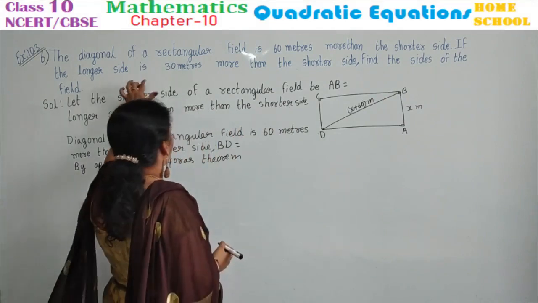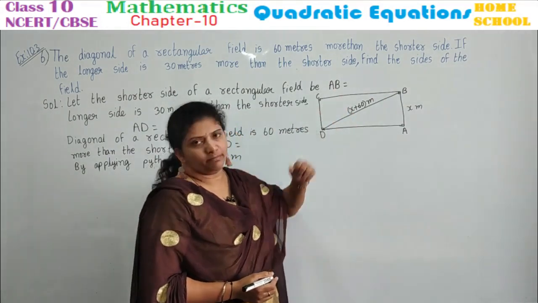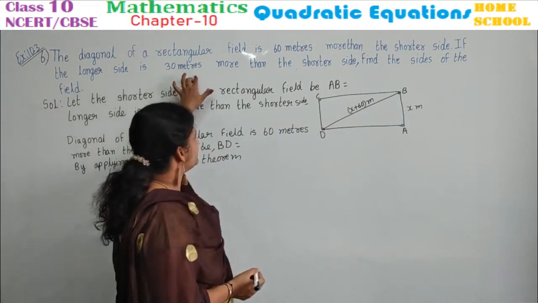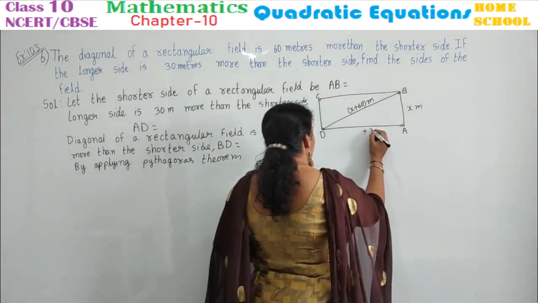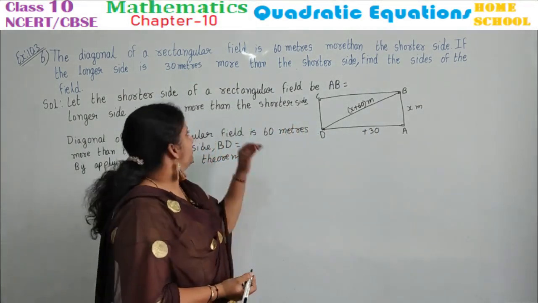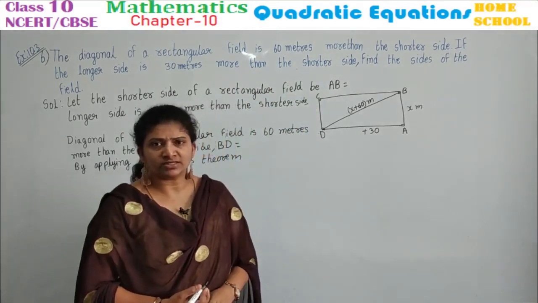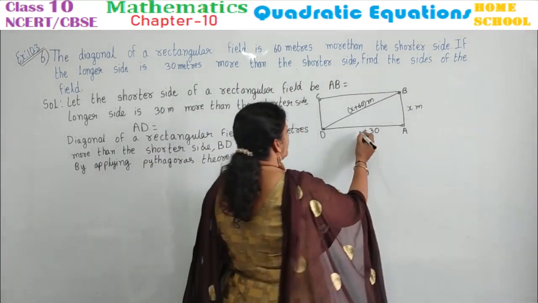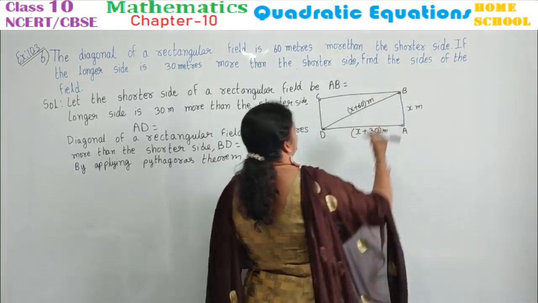If the longer side, either AD or BC, any one side you can take, longer side is 30 meters more, plus 30. 30 meters more means plus 30, more than the shorter side. By the way, what is the shorter side? We have assumed it as x. Longer side is x plus 30 meters.